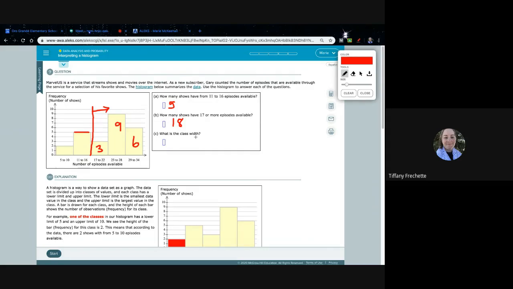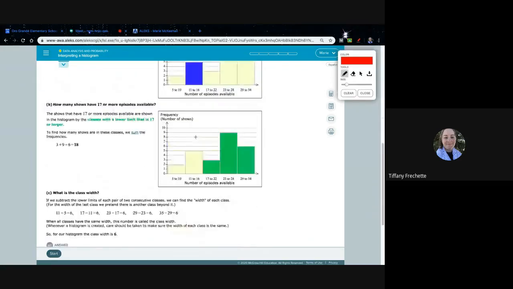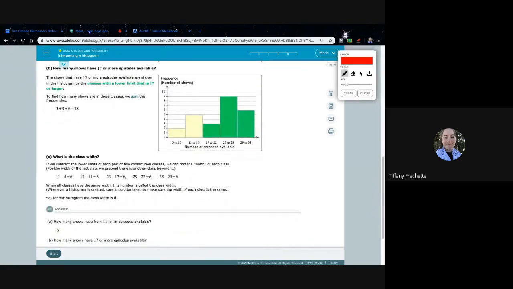So if we scroll down, they'll explain what that means down here a little bit nicer. If we subtract the lower limits of each pair of consecutive classes, we find the width of each class. For the width of the class, we pretend there is another class beyond it. So we have 11 minus 5, 17 minus 11.